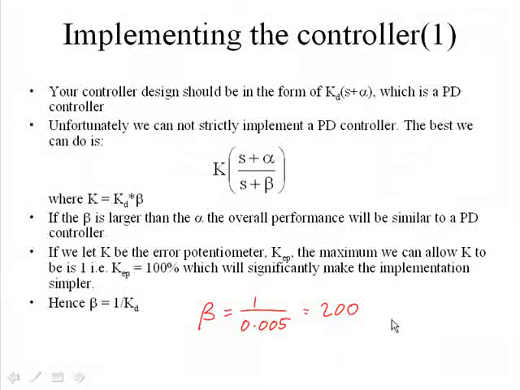To make life easier, if we make the gain K equal to our desired value, KD times beta, and force that to be equal to 1, then effectively we can choose a value of beta, and in my case that works out as being 200. By doing that, the pole is down at minus 200, has very little effect on the time response.